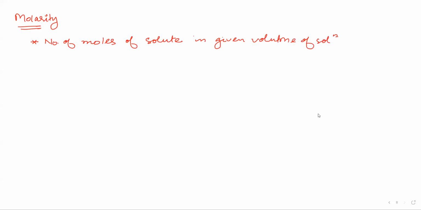So the two important things in this definition are the number of moles of solute and the given volume of solution. Molarity is also written as capital M.